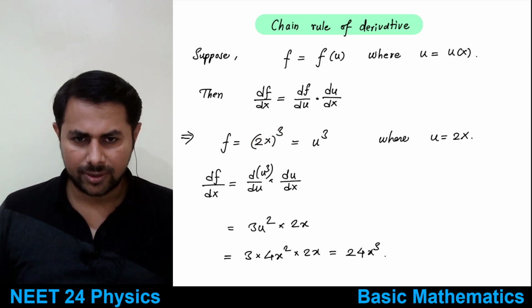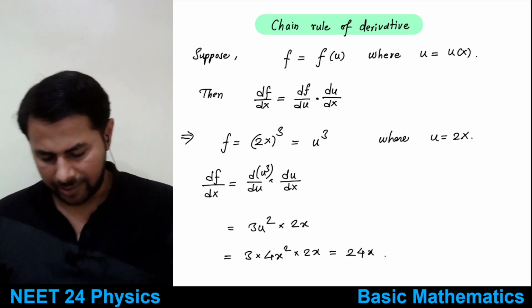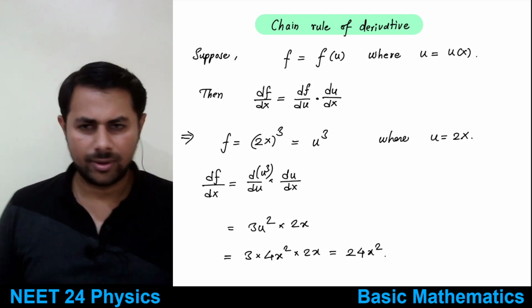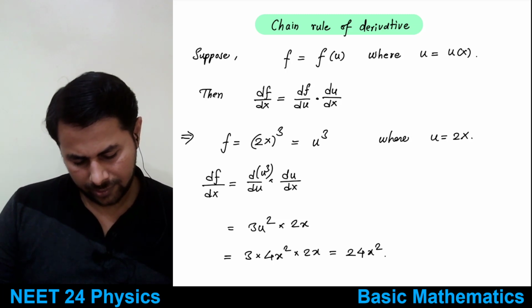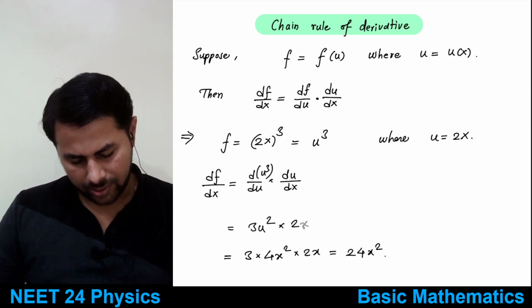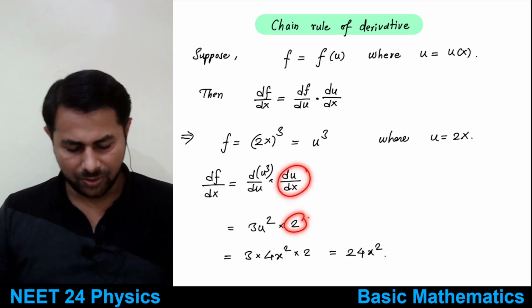So shouldn't the answer be 24x square? Yeah, it's x square. Okay, by mistake I wrote cube. You are correct. That's because I wrote this thing incorrectly, right? Derivative of u with respect to x.